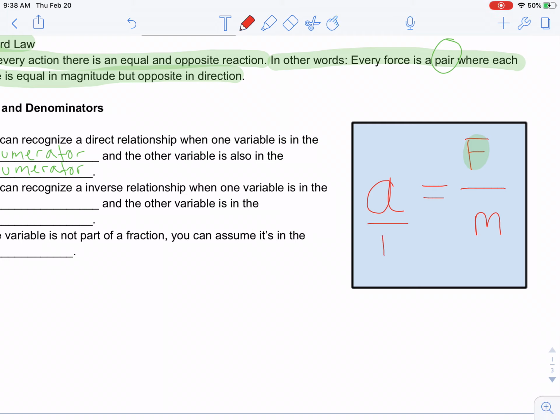We can go a over 1, or acceleration divided by 1, because a over 1 equals a. Anything divided by 1 is itself. So anytime we see a variable or even a number by itself, we can assume that it's in the numerator, because we can create that fraction over 1, and it's going to stay the same amount.